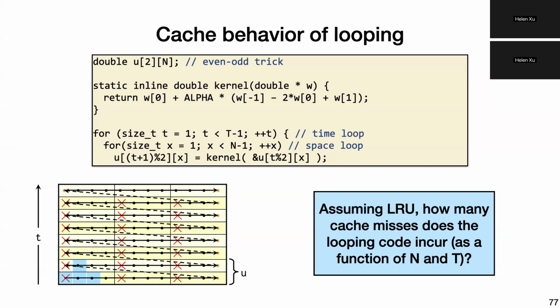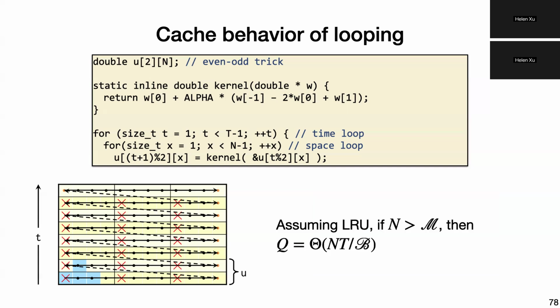N over B, right? Good. To read a row of size N, one horizontal row, it takes N over B cache misses, because we have to bring in N over B blocks. Then we have to read T of those. We're just going to multiply the whole thing by T.